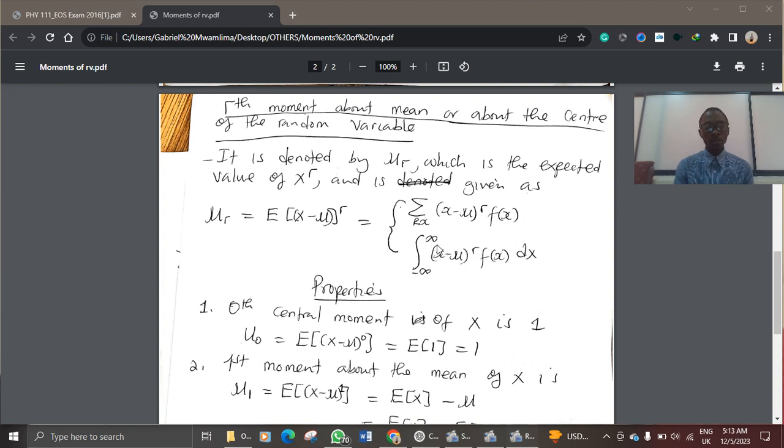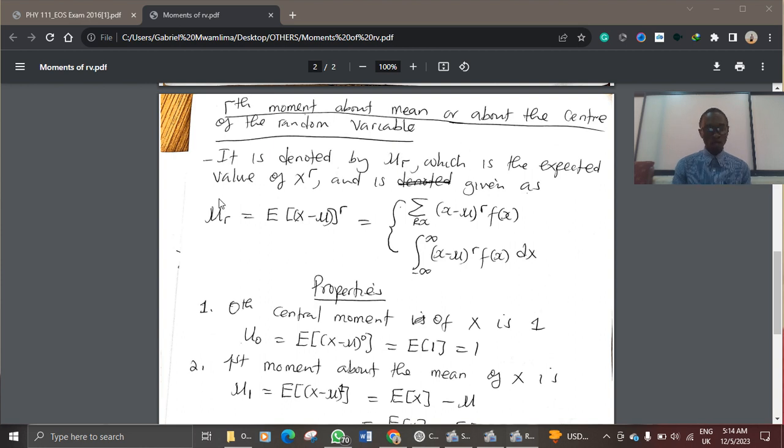In this video, I'm going to talk about the r-th moment about the mean, or about the center of the random variable. It is denoted by mu r, which is the expected value of (x minus mu) to the power r, and is given as the following. The r-th moment about 0 is represented by mu prime r, but for the mean, the r-th moment about the mean is only mu r.